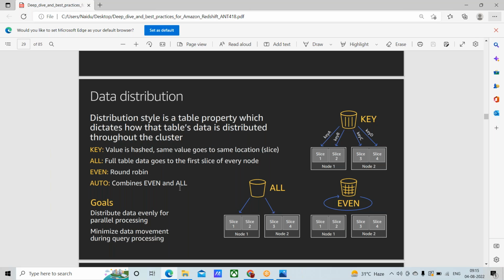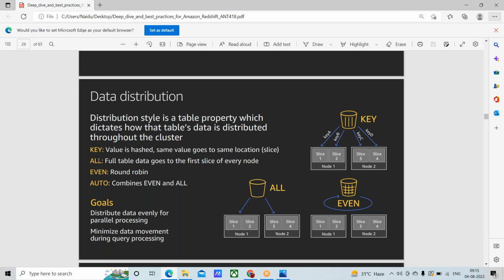Now, how should the data be distributed in such a way that joins are helped? If the distribution styles are not helping efficient joins, it's of no use. In fact, we should design the distribution styles in such a way that they help the joins.